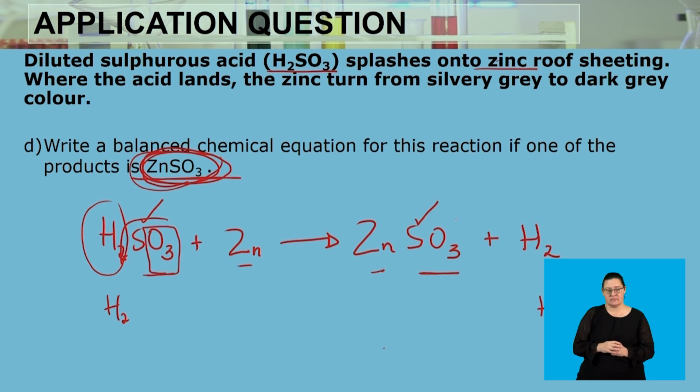And then we also still have 3 oxygens because of that subscript 3 on the products. And then lastly, we have 1 zinc on the left-hand side being the reactants. And then lastly, we have also 1 zinc atom on the product side. So that means everything checks out, everything balances out. The number of atoms on the left-hand side are still equal to the number of atoms on the right-hand side. So therefore, this equation is balanced.